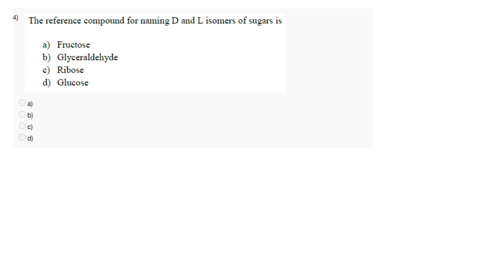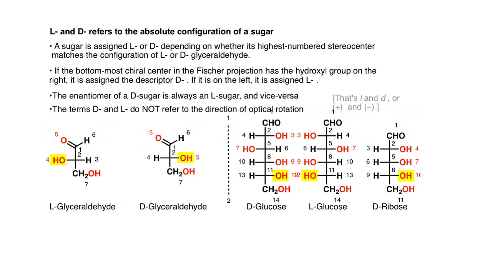Glucose, sir. No, it is glyceraldehyde. D and L refer to the absolute configuration of a sugar. A sugar is assigned as L or D depending on whether the highest numbered stereocenter matches the configuration of L or D glyceraldehyde.